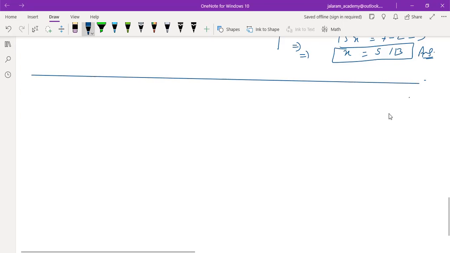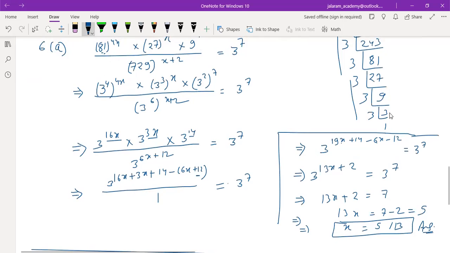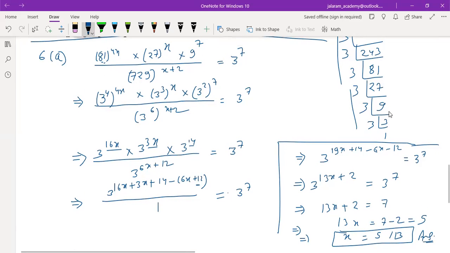Excuse me, sir. Yes. Sir, in question 6, can we do it like this, if we transfer the denominator to the right hand side and add the powers? No problem in doing it that way.